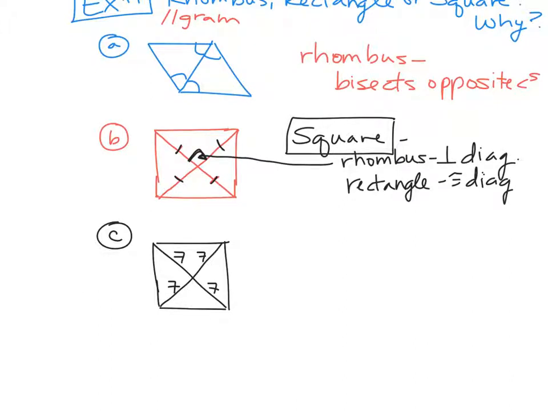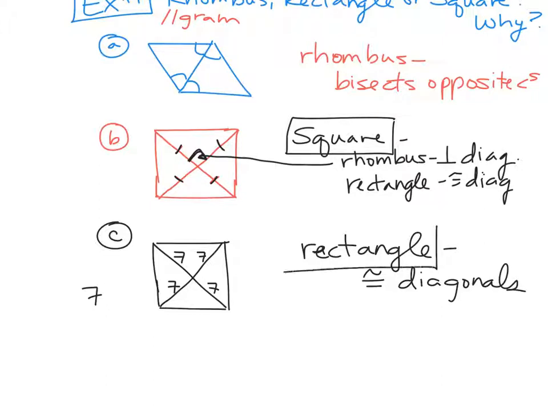Sorry, I always write my 7s with the little bar. So it's a 7. My bad. Yeah. So then a rectangle? It's a rectangle, right? If the diagonals are congruent, so you have a 14 and a 14, if your diagonals are congruent in a parallelogram, then it's going to be a rectangle. So we would say this is a rectangle because you have congruent diagonals. Okay, questions on that one?